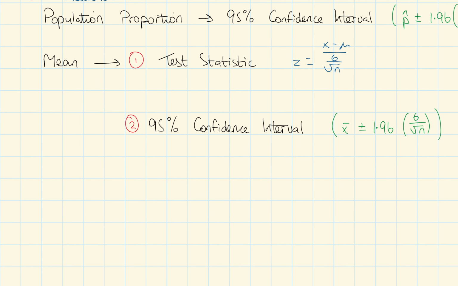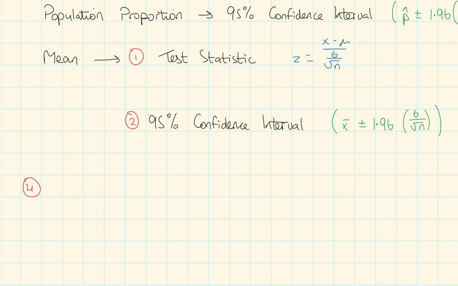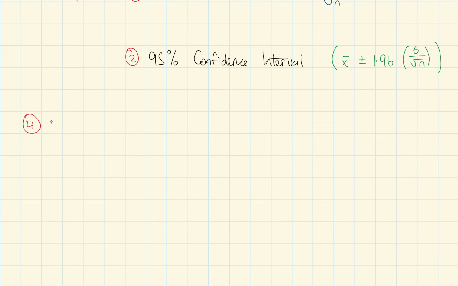Okay, and then your last step, so you'll carry out those workings, and your last step is to form a conclusion. So for our 95% confidence interval, if it lies within the range, then we fail to reject.